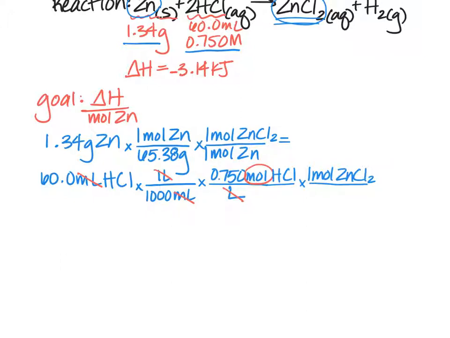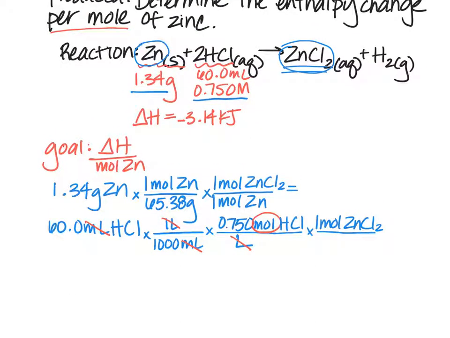And then I'm going to take that and convert into moles of zinc chloride. Looking at the balanced equation, notice that there are 2 moles of hydrochloric acid for every 1 mole of zinc chloride.